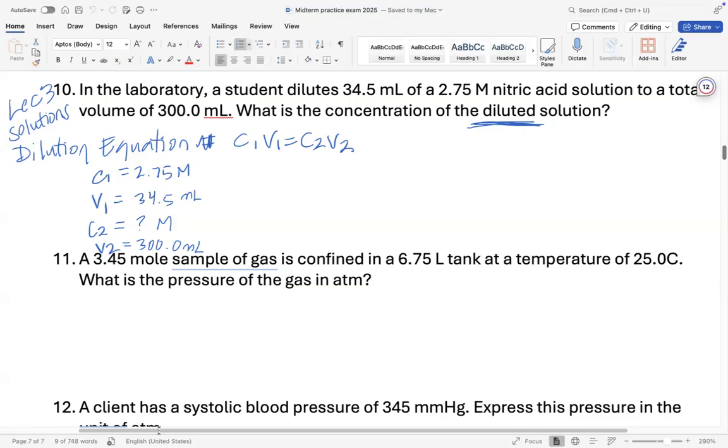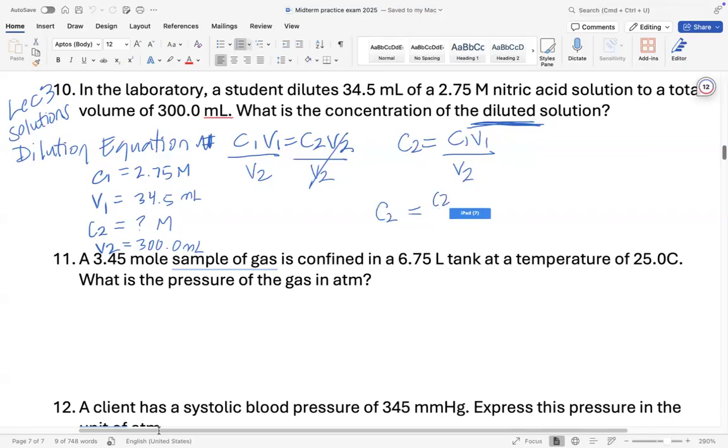So I'm going to manipulate the formula first to where I solve for C2. If I wanted C2 by itself, I would divide each side by V2. So I get C2 equals C1 times V1 divided by V2. And then I can plug in my numbers.